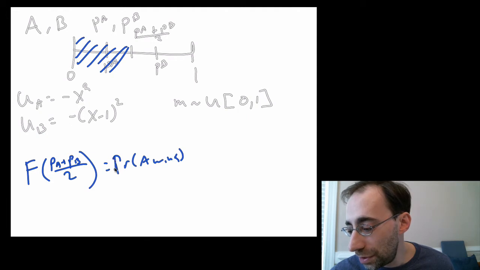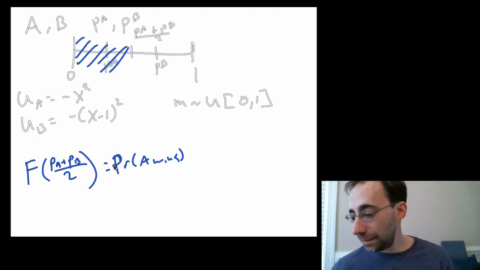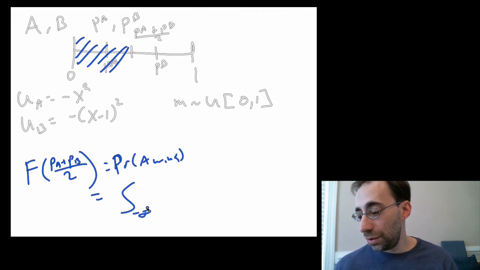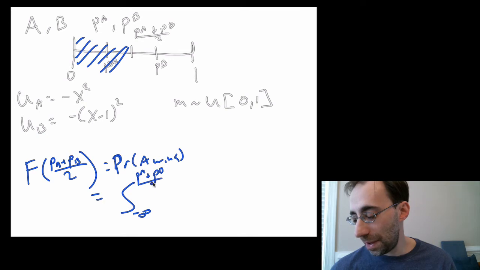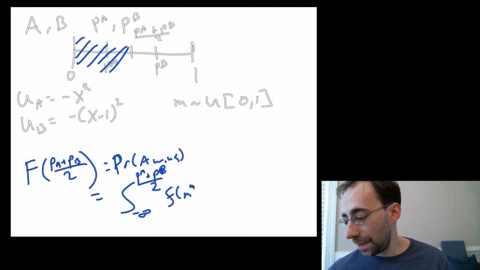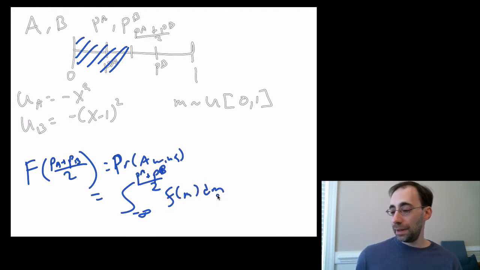Now that we know the uniform distribution, we can solve this. I can write this out. A CDF is the integral from negative infinity to the midpoint of the distribution of M, dm. Now what's that?